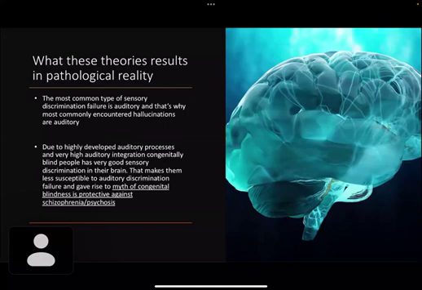It is due to the fact that the congenitally blind have highly developed auditory processes. And in them, the only long range sensory stimulus is auditory. So it is as complex as visual sensation for them.